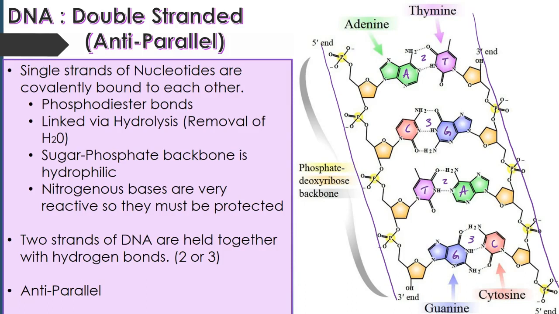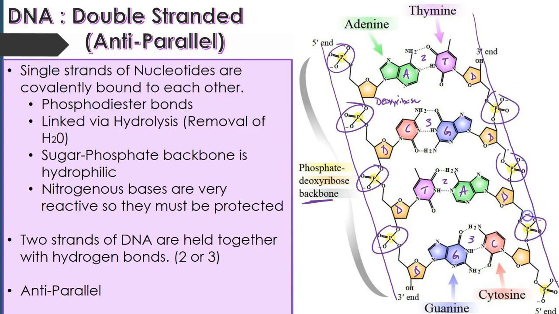But notice that the backbone is composed of alternating phosphate and pentose, or sugar in this case, deoxyribose: phosphate, deoxyribose, phosphate, deoxyribose, phosphate, deoxyribose. On the other side, we have deoxyribose, phosphate, deoxyribose, phosphate, deoxyribose, phosphate, deoxyribose, and a phosphate.